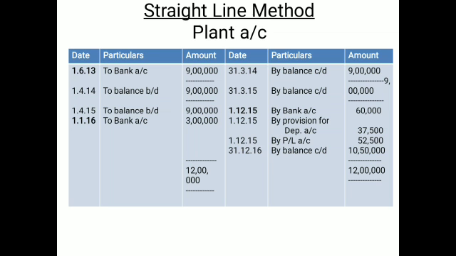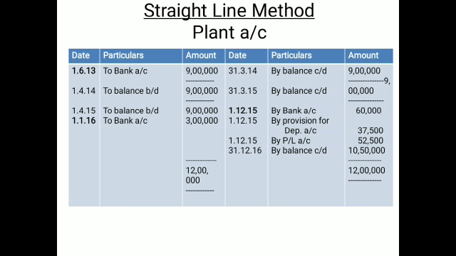So first of all, you may see here the question with the straight line method. This method refers to the plant account, which is to be listed for machinery or plant purchased or sold, meaning asset purchased or asset sold. You see here, on 1st June the plant is purchased at 9 lakh, and it will remain 9 lakh.